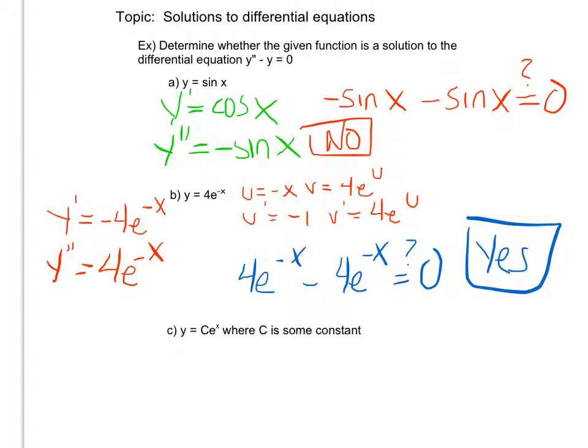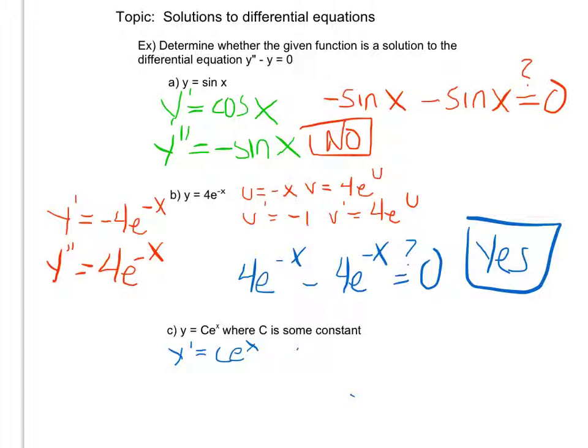And then finally on the last term, y equals c e to the x, where c is just some random constant. If I do the same thing with this, first thing I do is find my first derivative. So I know y prime is just going to be c e to the x. Just like my constant of 4 stayed, my constant c is going to stay. And notice this time I don't have to use the chain rule because it is just an x.